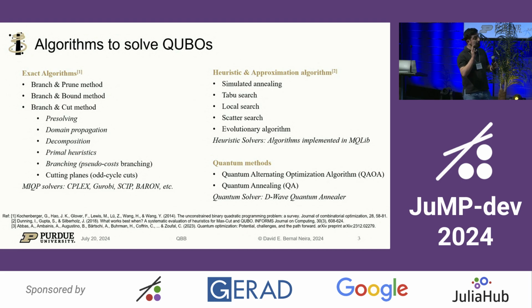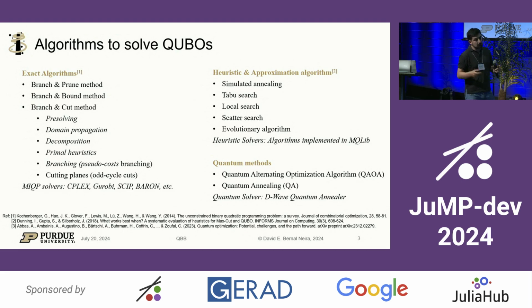There are a number of algorithms that have been particularly designed for this problem: simulated annealing, tabu search, local search, evolutionary algorithms. Many of them have been conglomerated into a single study, an excellent paper by Dunning, Gupta, and Silberholz, called What Works Best, and they implemented tens of these heuristic algorithms into something called the MQLib.